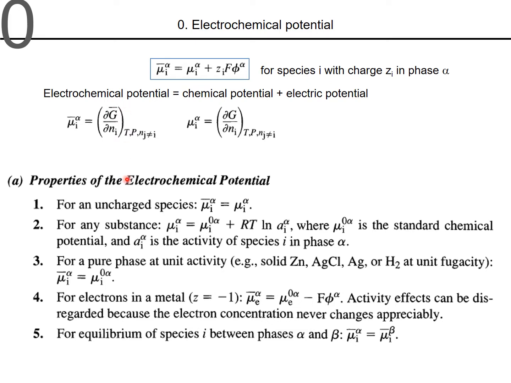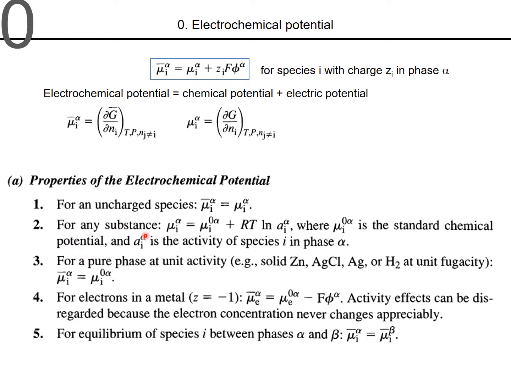Let me check some properties of the electrochemical potential. For an uncharged or neutral species, the electrochemical potential is equal to the chemical potential because z is going to 0. So there is no electric potential for neutral molecules or species.